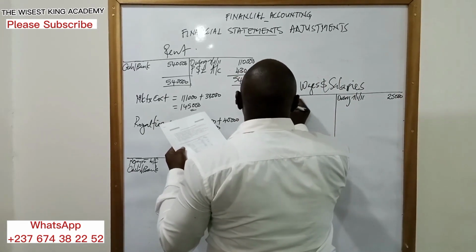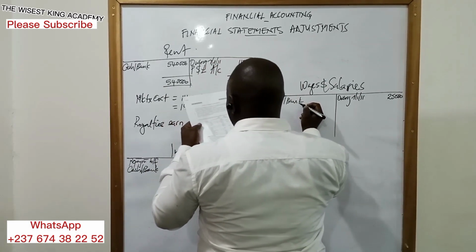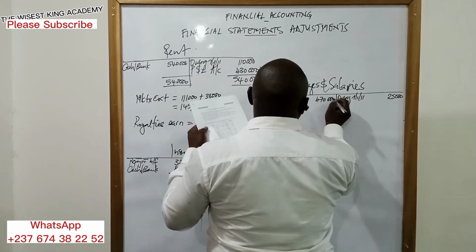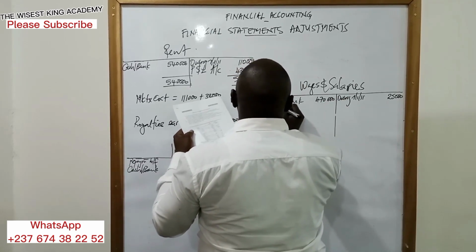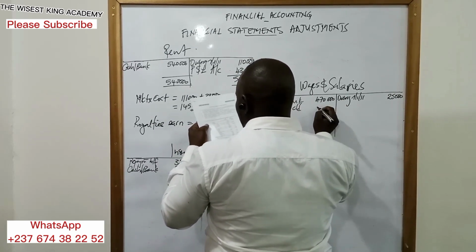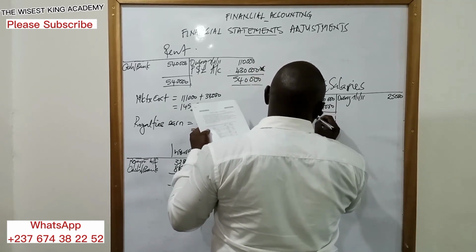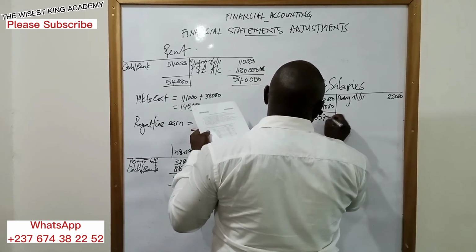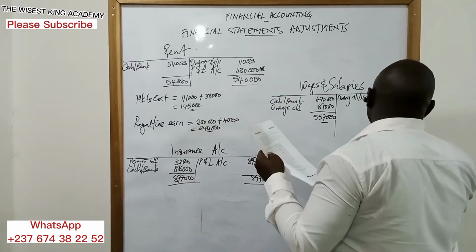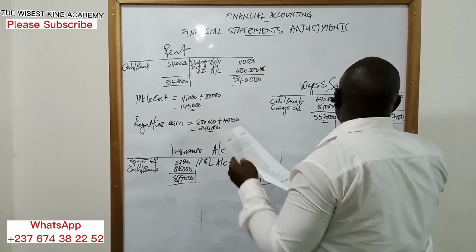We paid cash to bank. How much? We paid 470,000. And at the end of the period, we're still owing. Owing carried down. That was 87,000. So the total here will be 557,000. But what should we take to our profit and loss account?